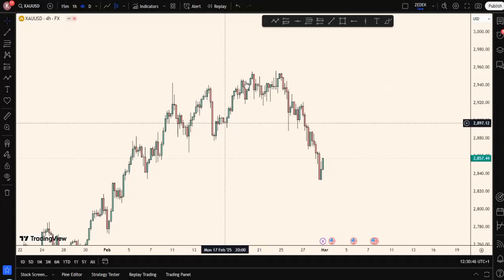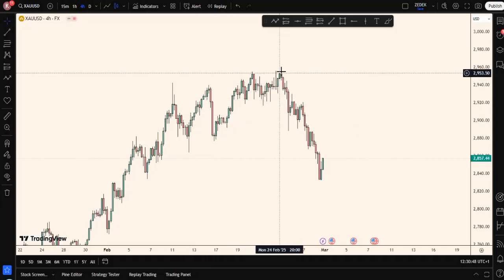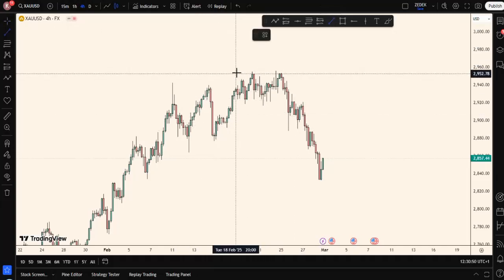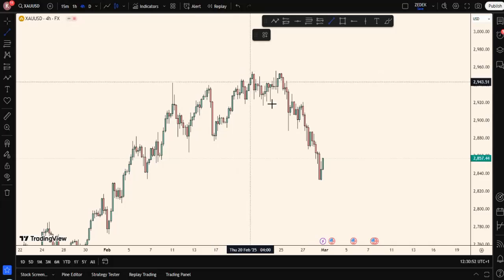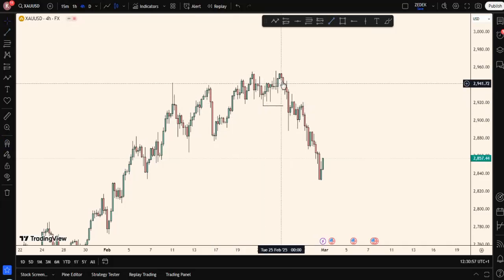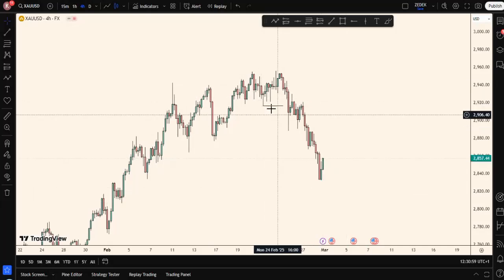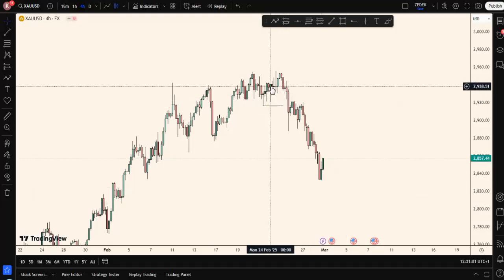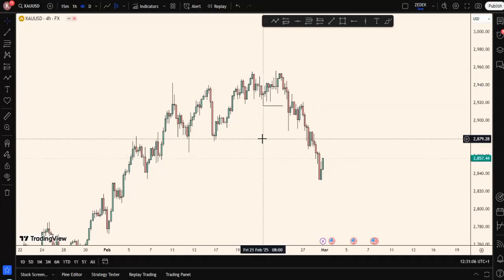I can see this, and then another one here, which, let me see if it took out this high. Yes, it did. So I can see a change of trend to the downside. Price is going down. Even if this wasn't too valid to consider a change of trend, I can see this very strong one that got invalidated, and also this one.